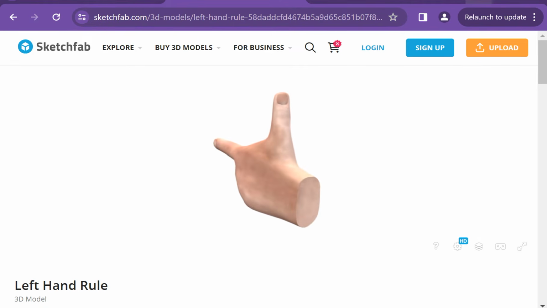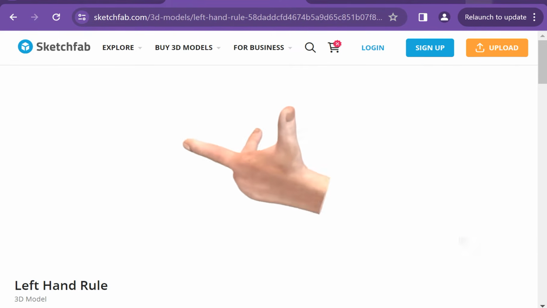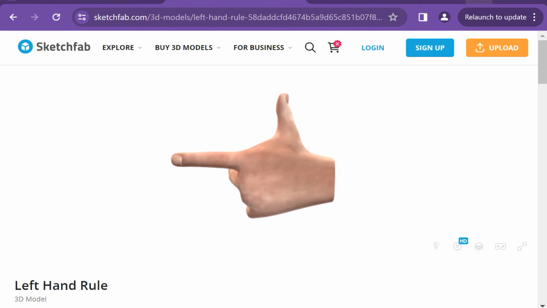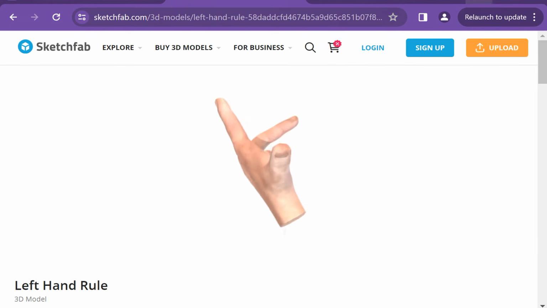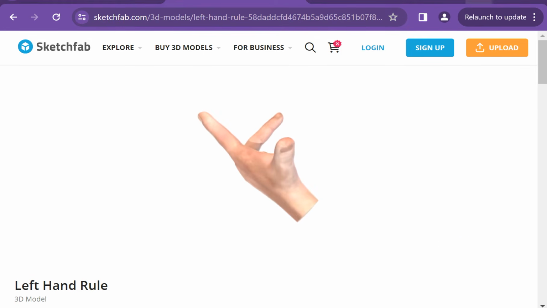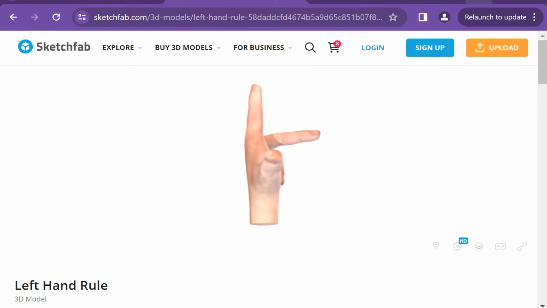Upwards towards the page. What is wrong with this animation? The first finger is supposed to point upwards. And when I rotate the thumb to the right hand side, it is not rotating in the direction I want.